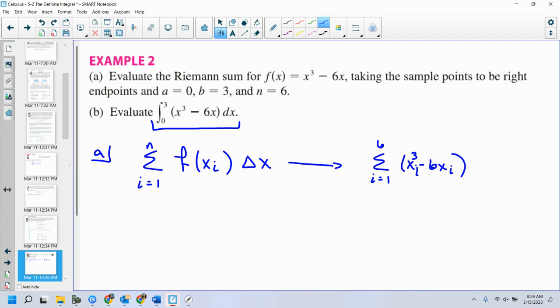What is delta x in this case, though? Well, we can evaluate delta x as b minus a over n. So in this case, I've got 3 minus 0 over 6. So 1/2.